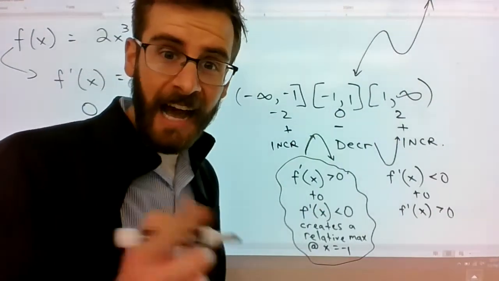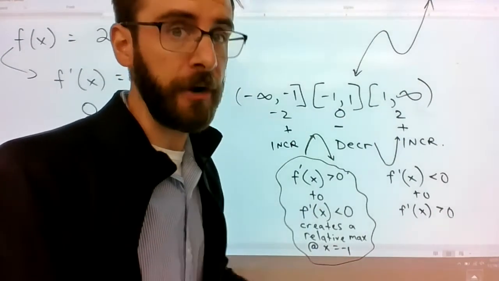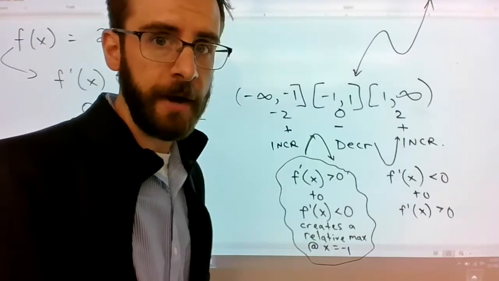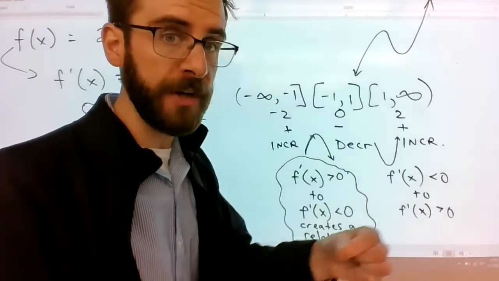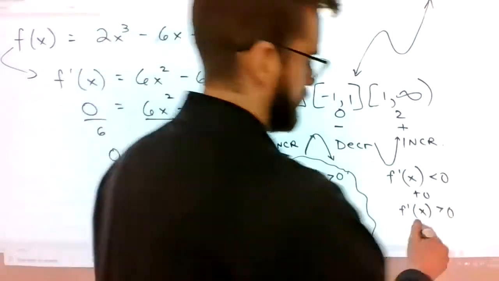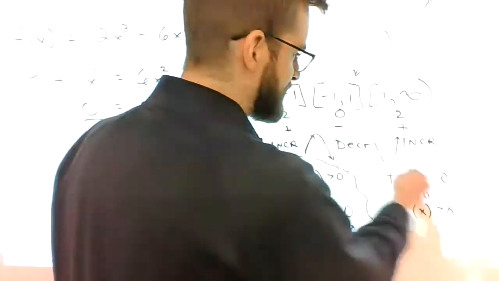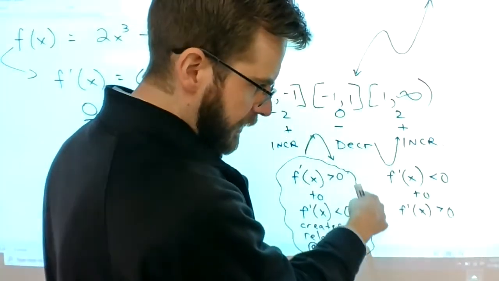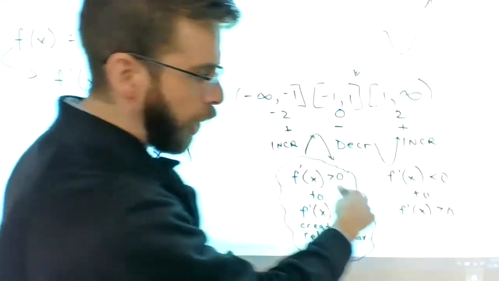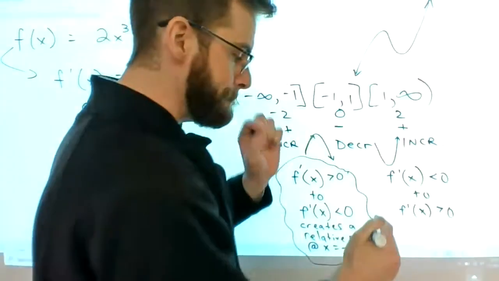By the way, it's got to be continuous because it's differentiable. Back in the day, we talked about how a differentiable function always implies that it has to be continuous. So going from less than 0, decreasing, to greater than 0, increasing, always creates a relative min.